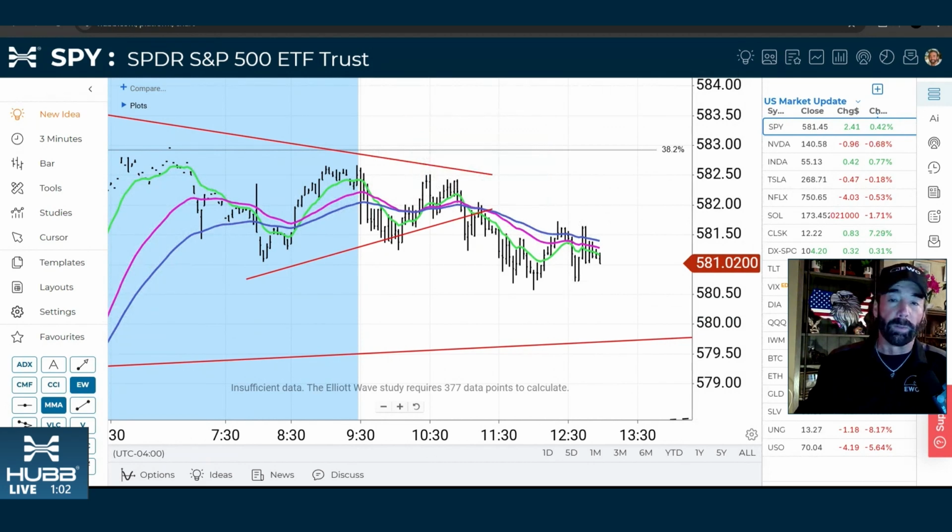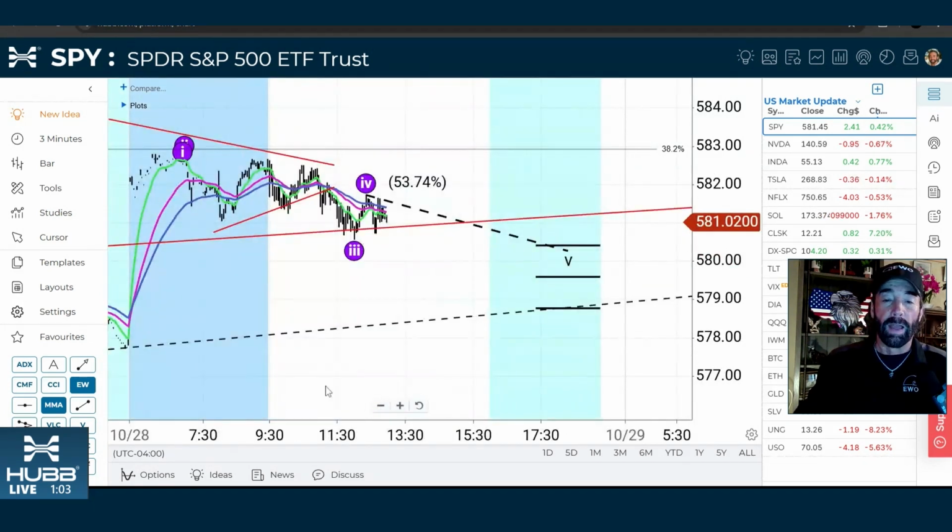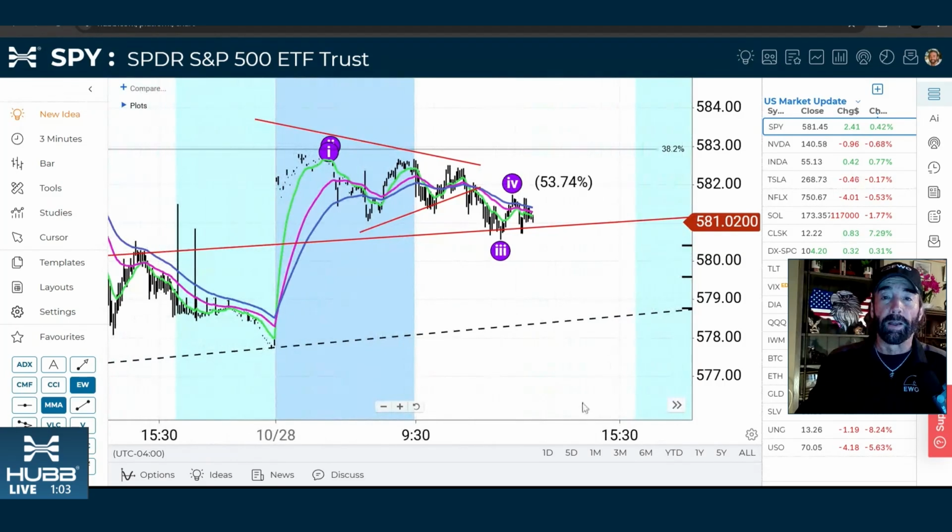So if you're on a 3-minute chart, each bar is the data point for 3 minutes. And if you're on a daily chart, each bar is a daily bar, but it's looking for 377 bars is what it wants. So it doesn't matter the time frame. So you just keep hitting the minimize until that line goes away. Now it tells you that you have enough data to identify a Nelly wave pattern if one exists.